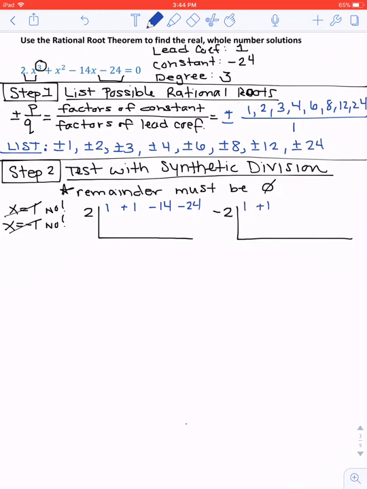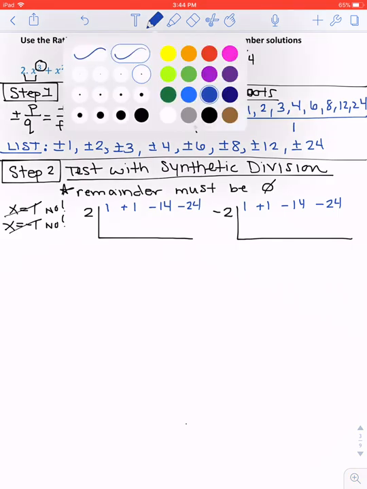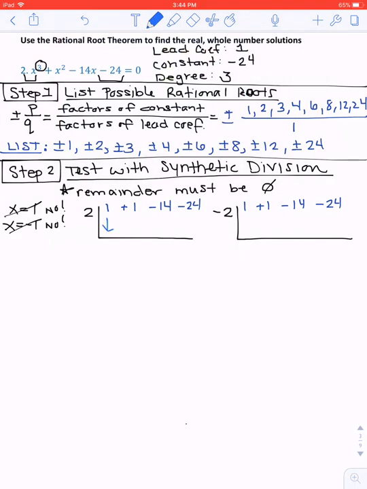So we're going to bring down that 1. 2 times 1 is 2. 1 plus 2 is 3. 2 times 3 is 6. Negative 14 plus 6 is negative 8. 2 times negative 8 is negative 16. And that gets me negative 40. Is that a 0? No.